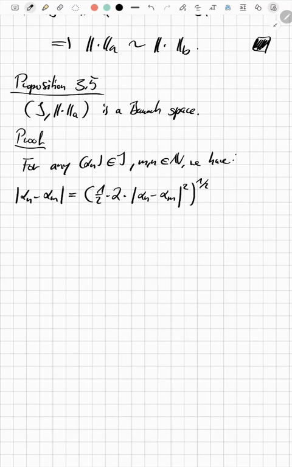We did nothing here. And this is 1 over the square root of 2 times the square root of alpha n minus alpha m squared.